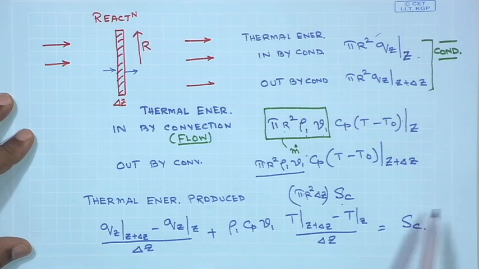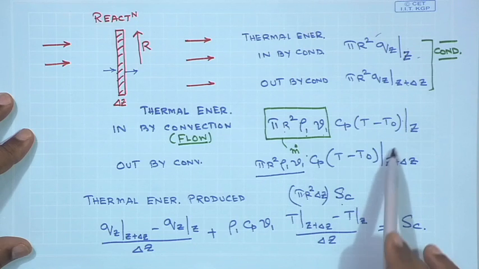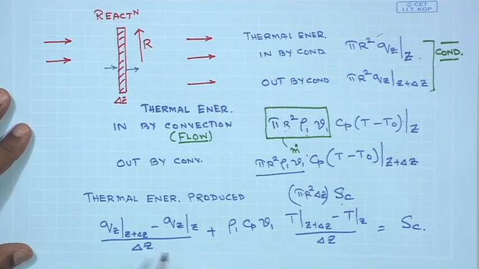Rearrange the terms, cancel these pi r square terms, divide both sides by delta Z, and this is the equation which you are going to get. So, this is the difference equation that describes the net flow of heat by conduction, the net flow of heat by convection, and the heat generation term.